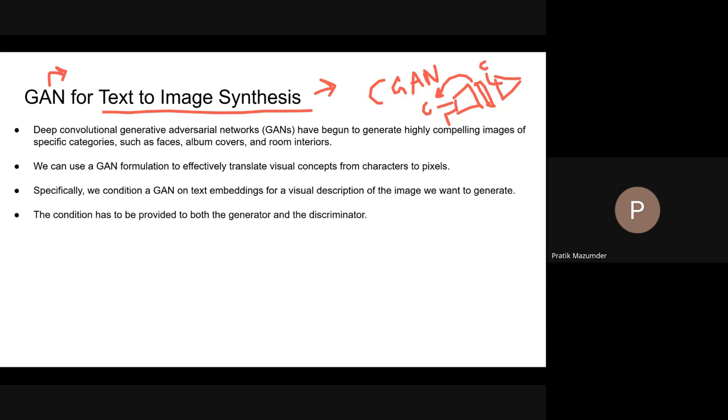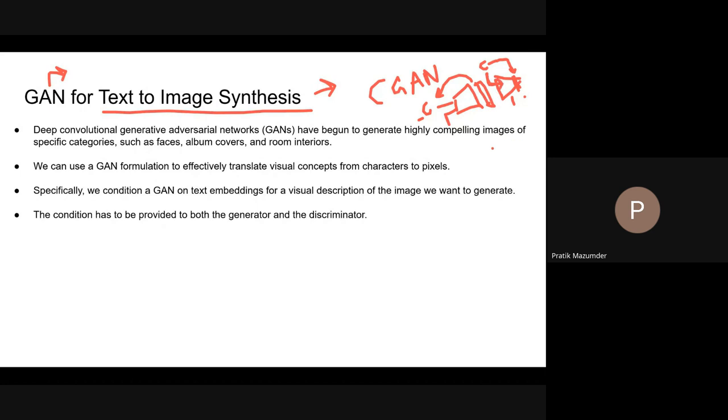Okay. So this condition, remember, even for a simple conditional GAN, we had to provide to both your generator as well as your discriminator. Some of the methods give this condition at a much later layer of your discriminator, when your feature size has become very small, or you can also give it initially.